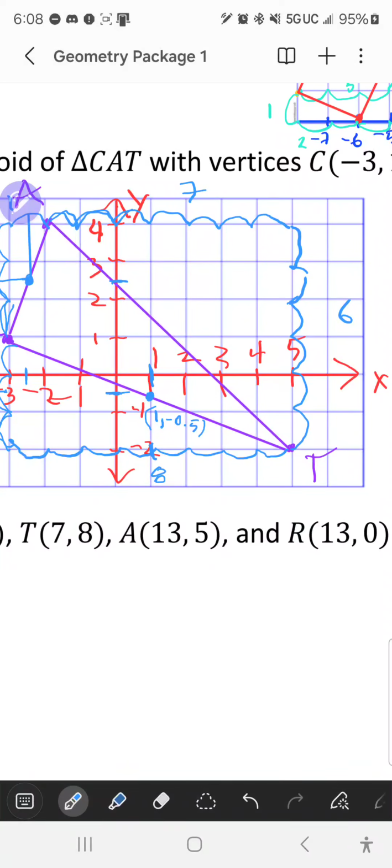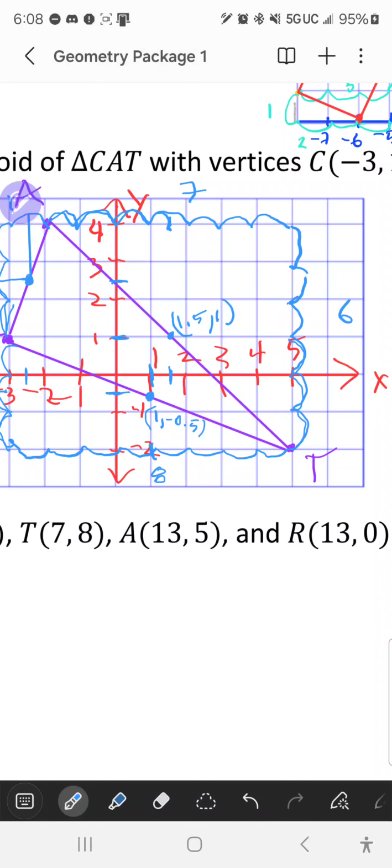So 3.5 is here in the middle. And 6 divided by 2 is 3. I go here and it will be here at 1.5 comma 1.